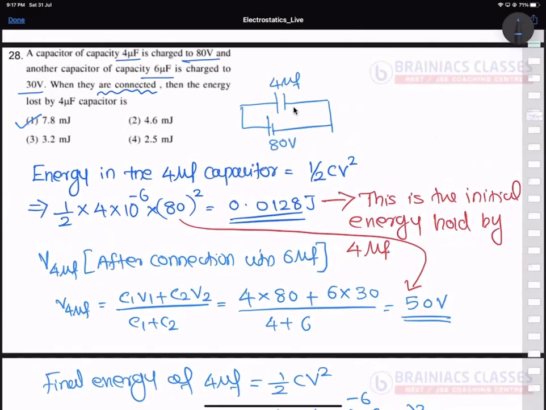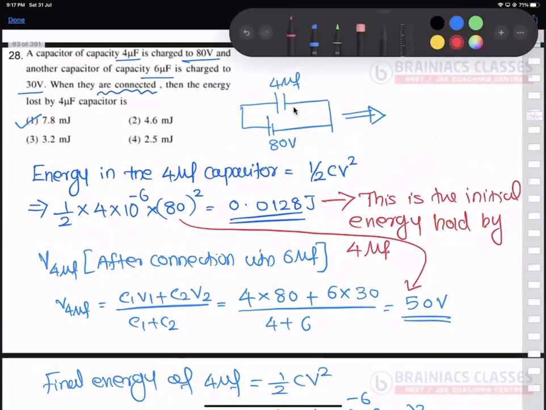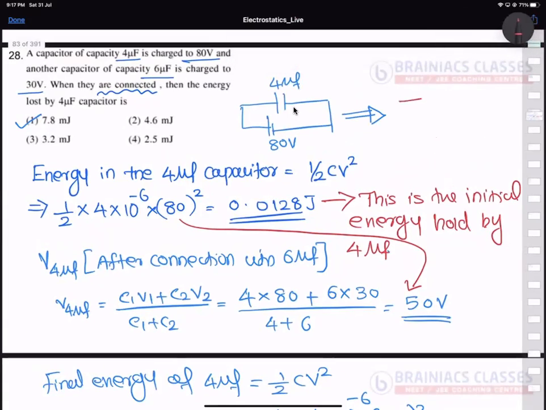This is the initial situation. Then there is a transformation. After the transformation, what is the final state? Now the 4 microfarad capacitor is connected to another capacitor, a 6 microfarad capacitor.